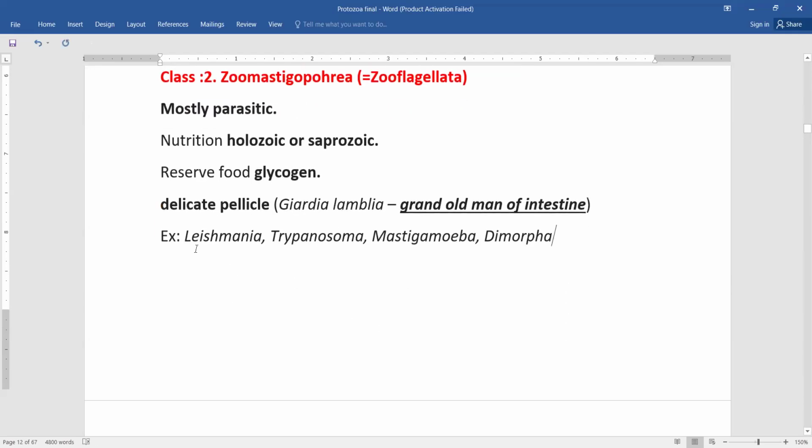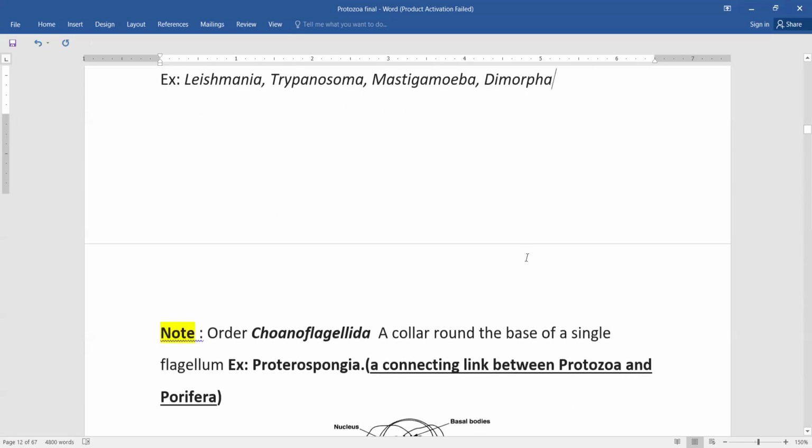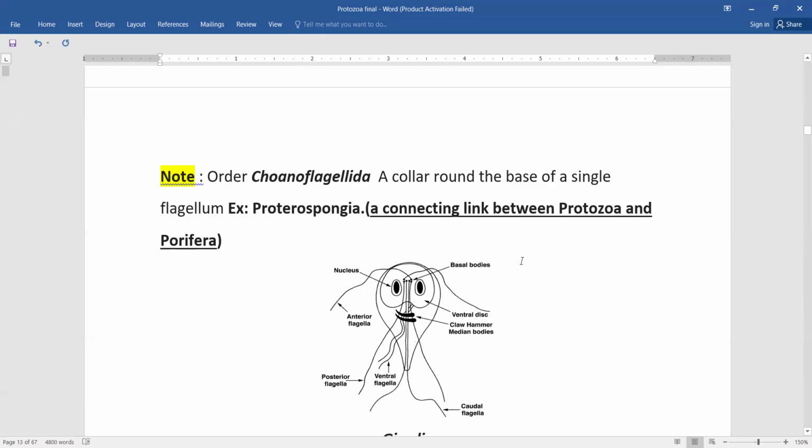Another examples for Zoomastigophora: Leishmania, Trypanosoma, Mastigamoeba, Dimorpha. All these are the Zoomastigophora. You should remember these names, very, very important.